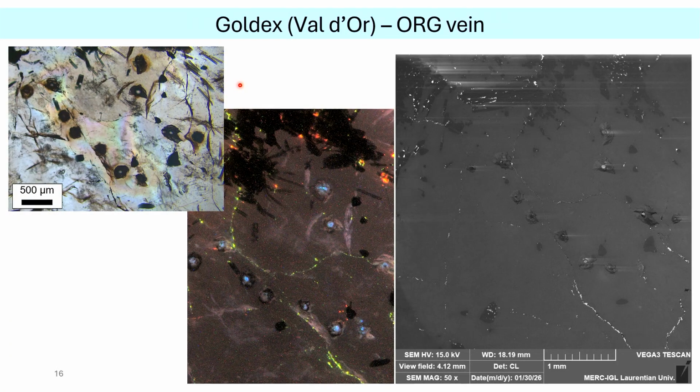And an example of an orogenic system, we have Goldex in Val-d'Or, so similar to the intrusion-related systems, we just have this dull color in optical CL, and the same thing in the monochromatic CL. So no real zoning for the most part in either of these deposit types in Superior.